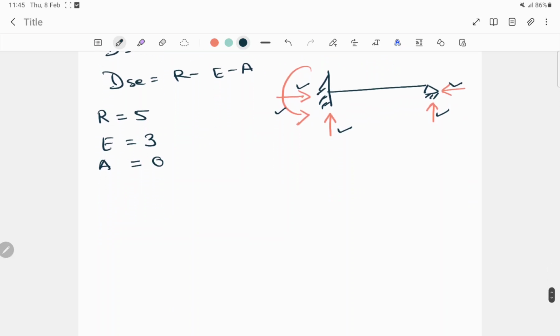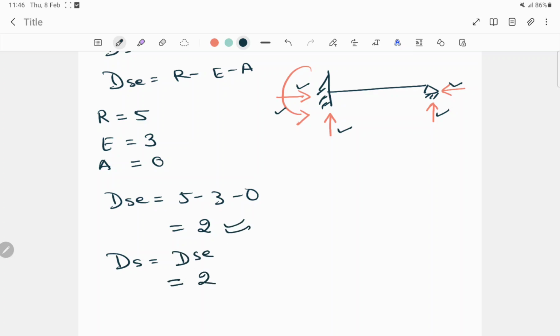Now we just need to put all the values in this formula, that is 5 minus 3 minus 0, which comes out to be 2. So DS is equal to DSE, which is 2. So for this type of beam the degree of static indeterminacy is 2.